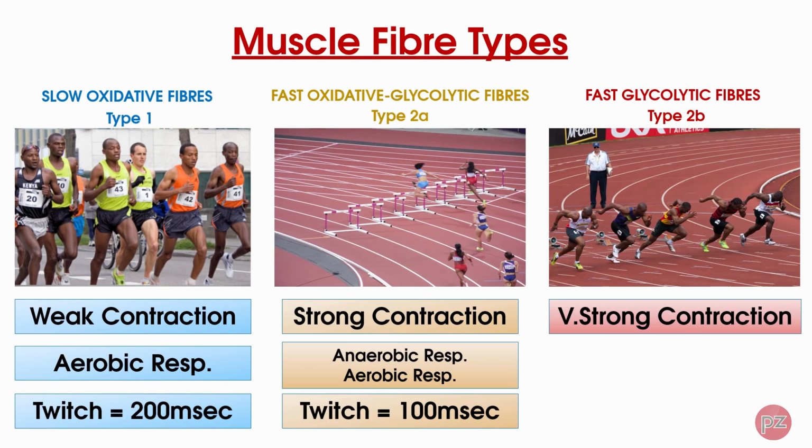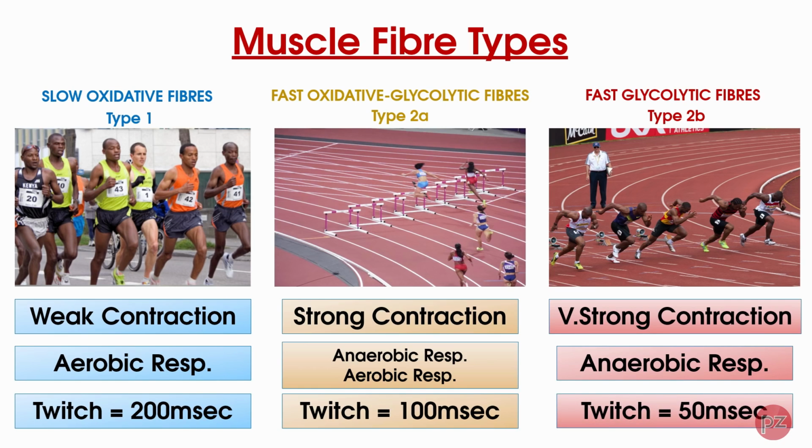So they have little myoglobin and few capillaries, which makes them look much more white in comparison to the other 2 fiber types. Their twitch is the fastest of all 3, lasting about 50 milliseconds. So it's very fast in terms of the amount of energy it can produce and the power of contraction, but they have poor efficiency, meaning that they fatigue quickly.